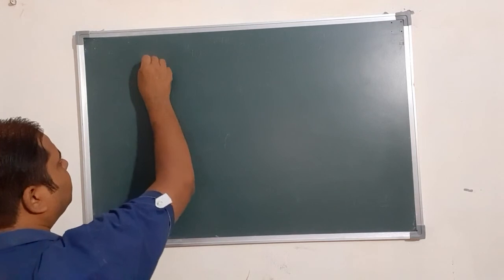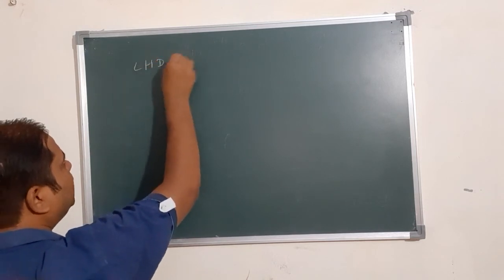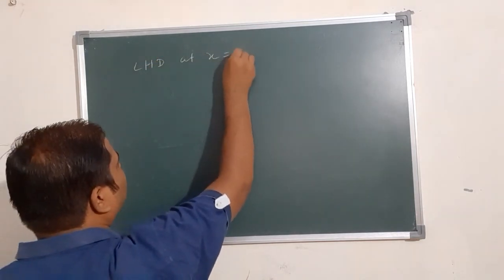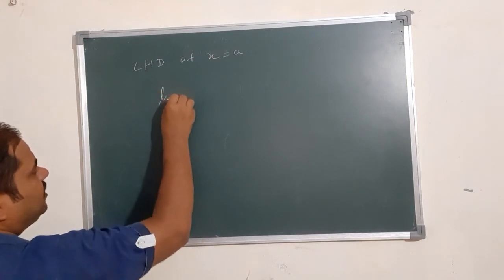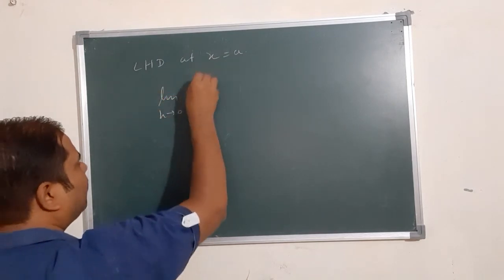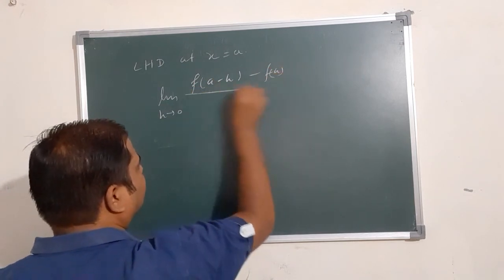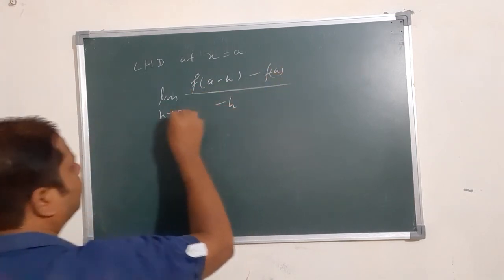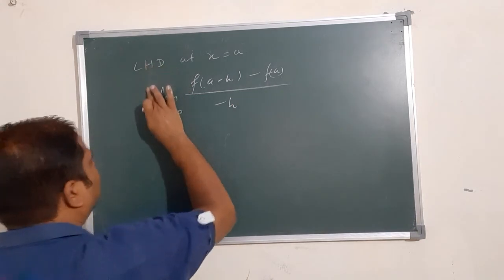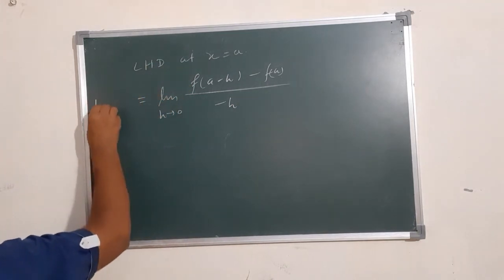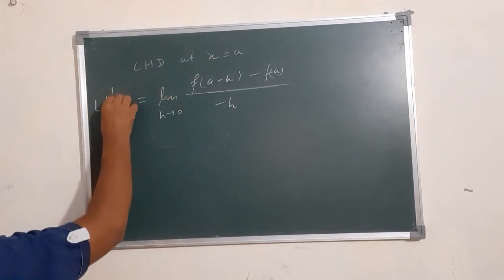Left-handed derivative LHD at x is equal to a: limit h tends to 0, f of a minus h minus f(a) divided by minus h. This is the left-handed derivative, and it is also written L f dash a.